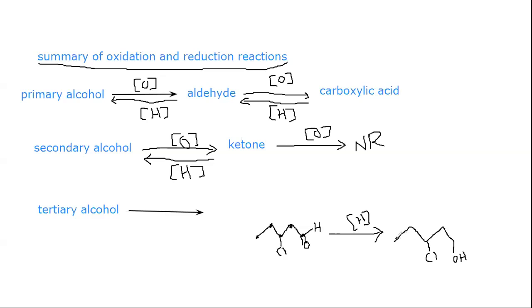I still have 5 carbons. Please look at here. 1, 2, 3, 4, 5. And that's the OH. Double bond O becomes OH. That's it. Primary alcohol.